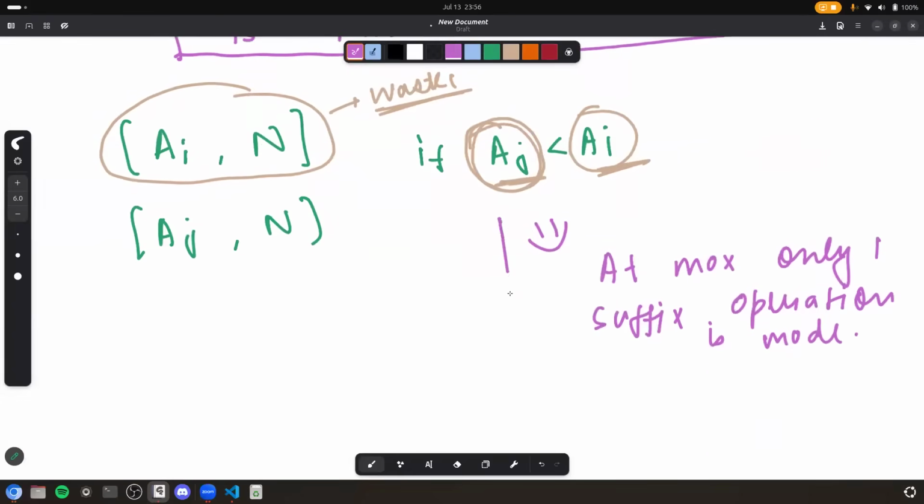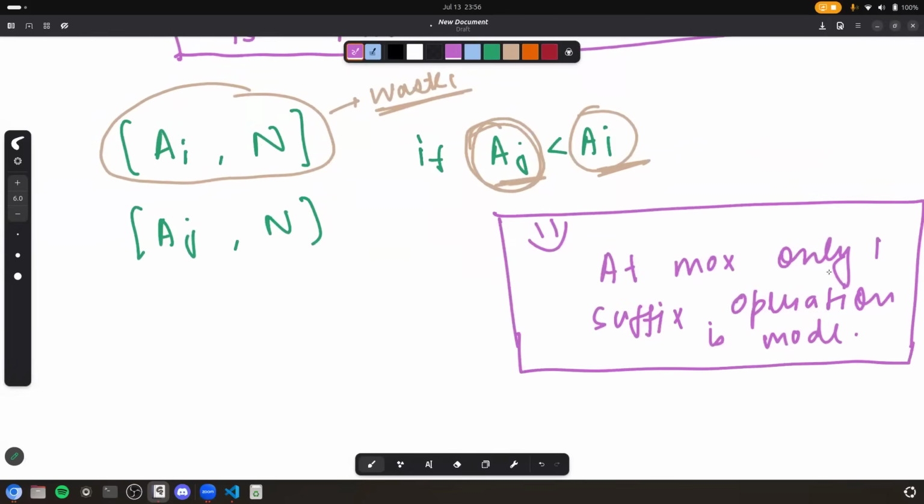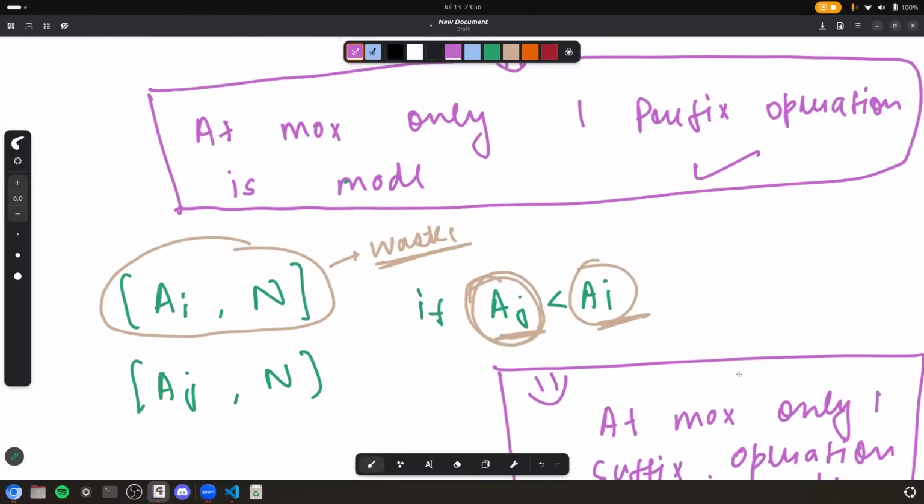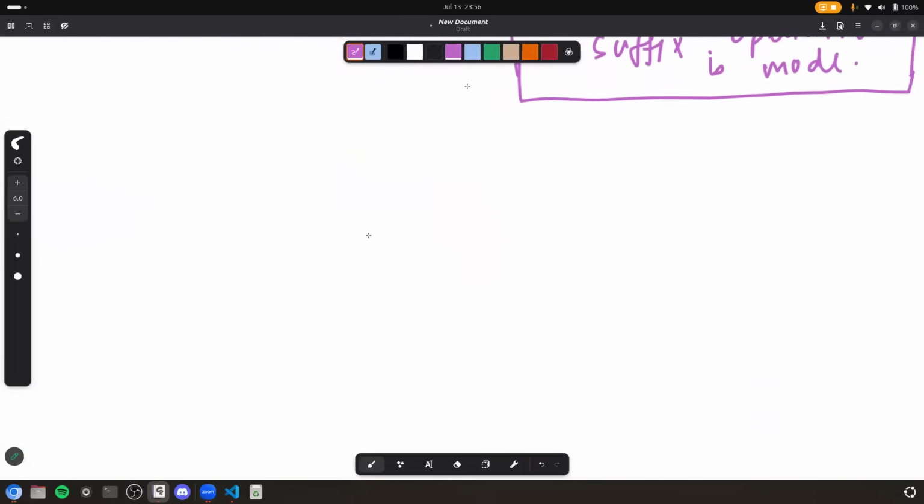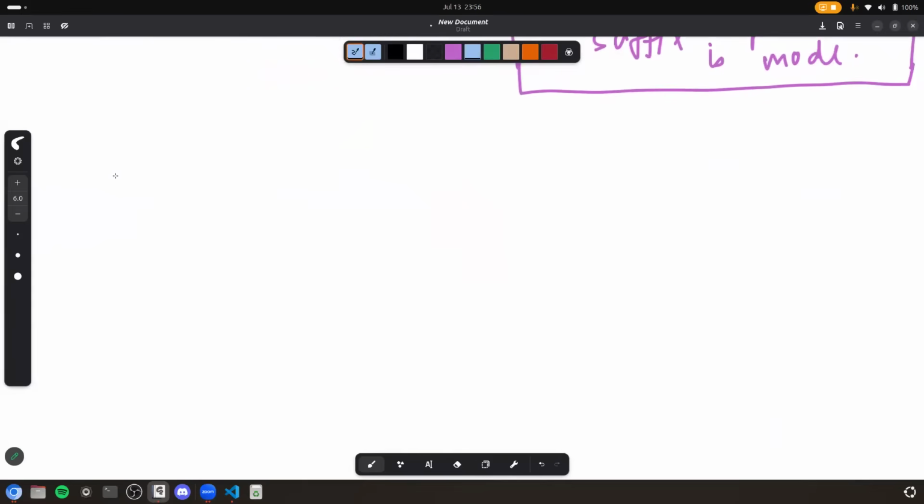So now let's try to find the answer using these two observations. So basically, let's just say that I used the prefix operation 1 to i.